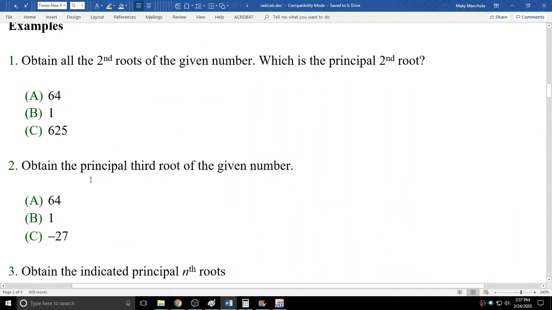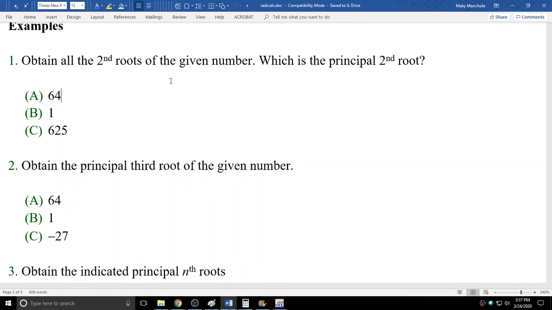Some examples. Obtain all second roots of the given number, which is 64. Which is the principal second root? Okay, so second roots, which we will call square roots of 64, are 8 and negative 8.